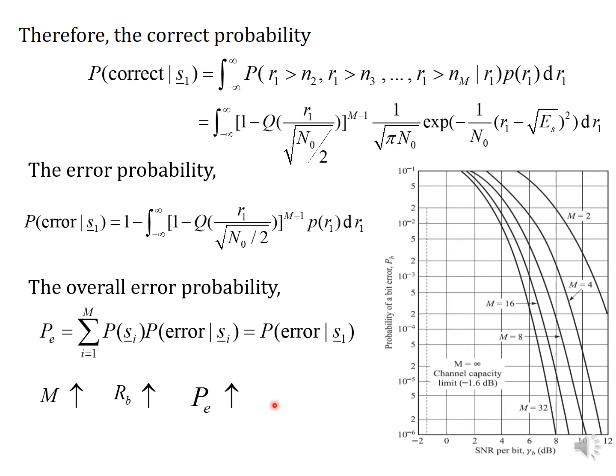The price paid is the bandwidth for MFSK, or the complexity, the number of bases. The symbol error rate would go up; however, the bit error rate here would go down.